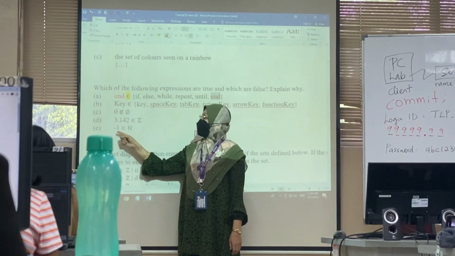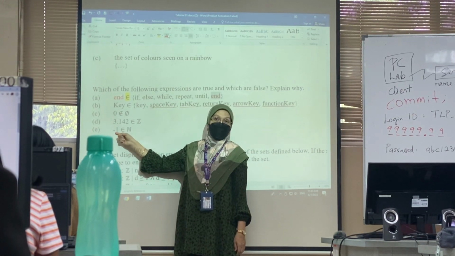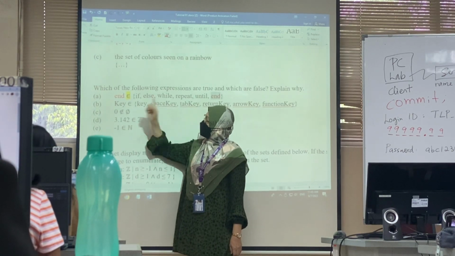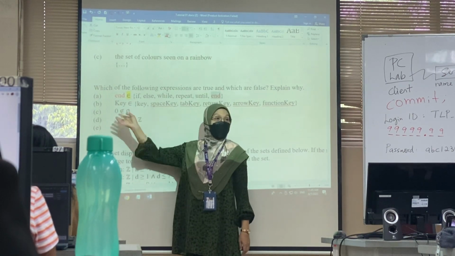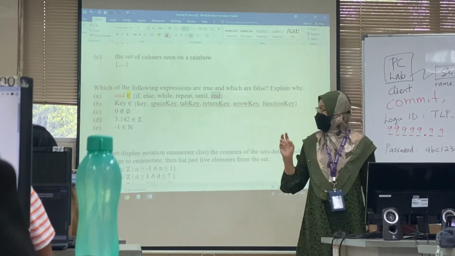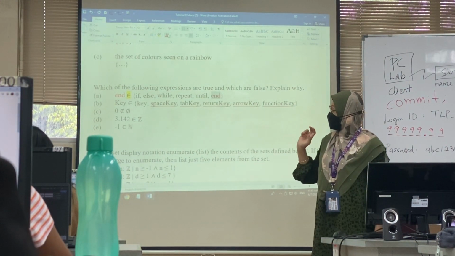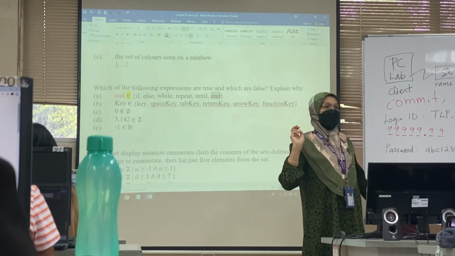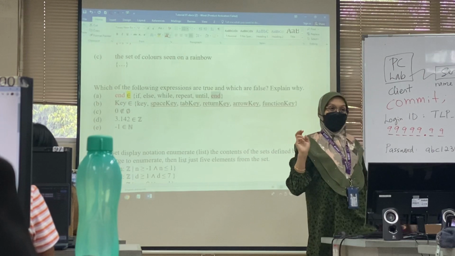This one false, this one also false. The only true ones will be A and E only, the rest are false. Correct? A true, B false, C true, D false, E also false.